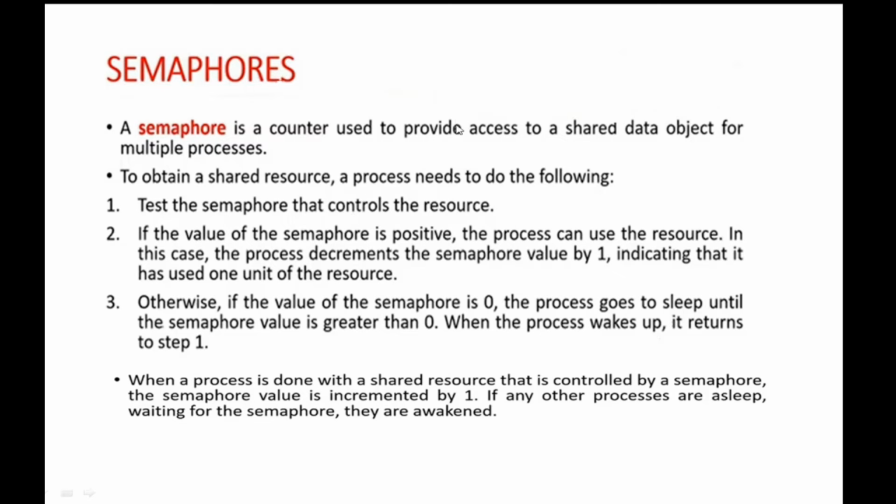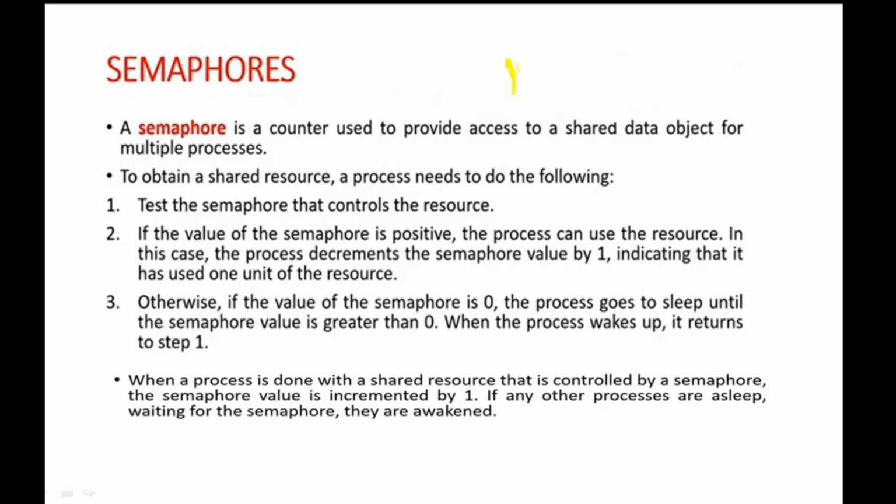Whenever we make use of a semaphore, it has the value 1 if that resource has only one unit. If I want to make use of that particular resource, first I test the semaphore of that resource.